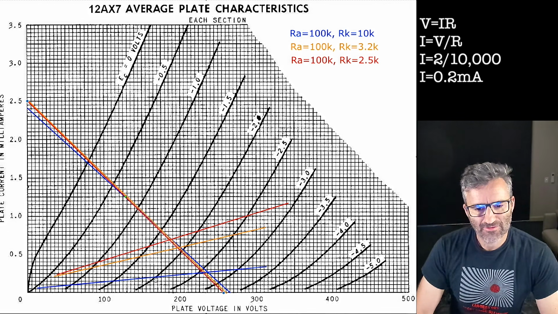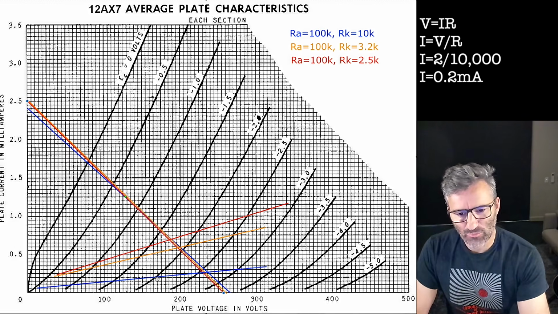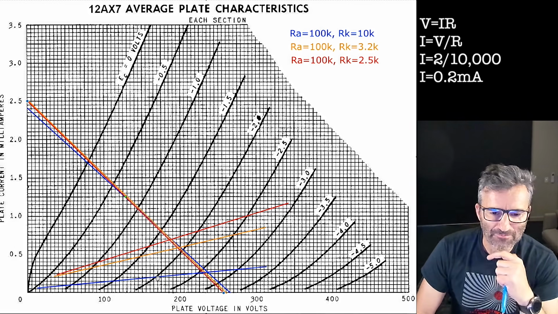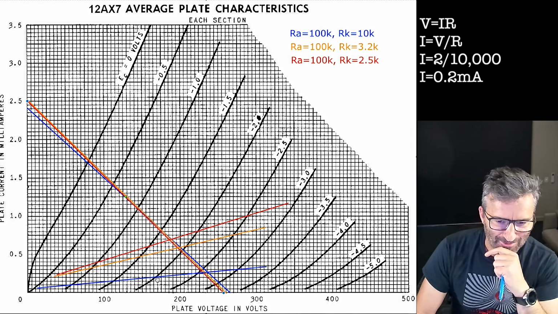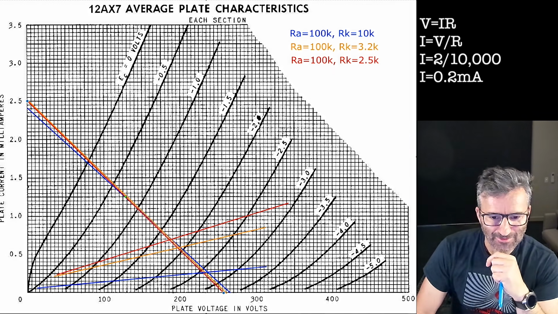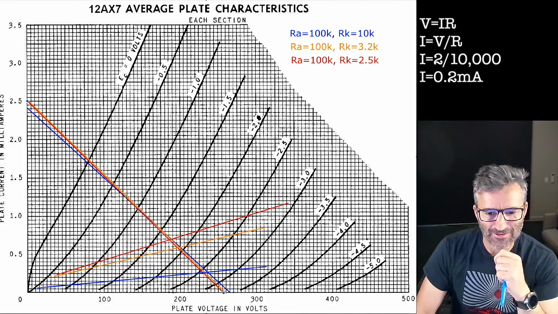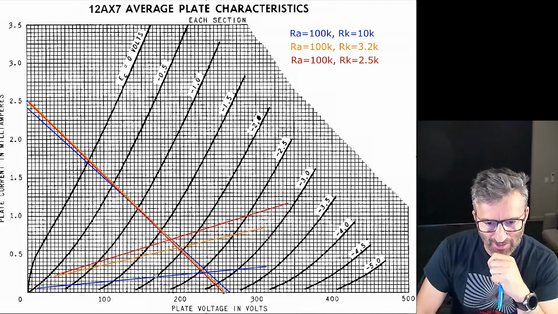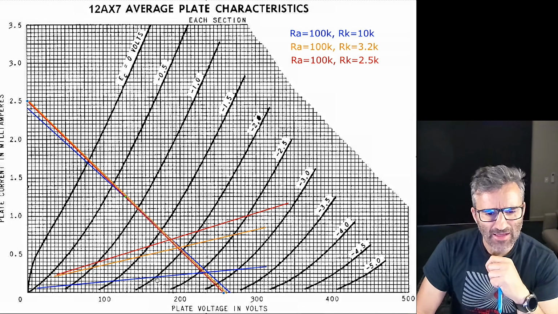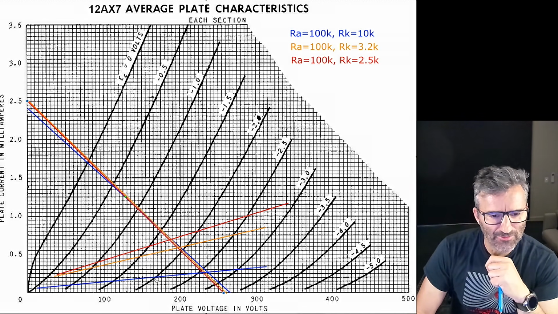And if we have a 10K cathode, you can use Ohm's law to figure out that there is 0.2 of a milliamp at idle flowing through that 10K resistor, right? So you can mark a point on the graph at that point, right? So the 2 volt grid line at 0.2 milliamps, which is here on our graph, you mark it there.